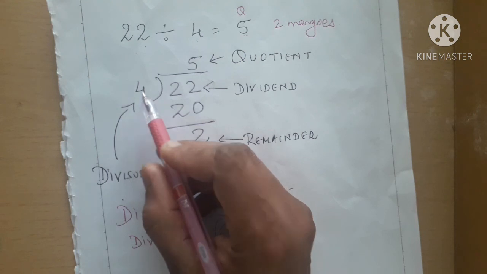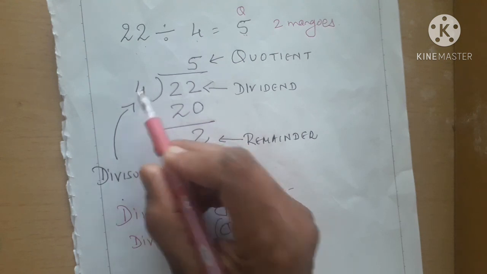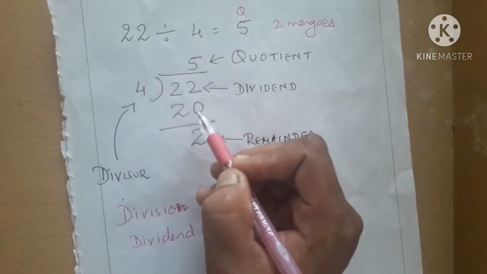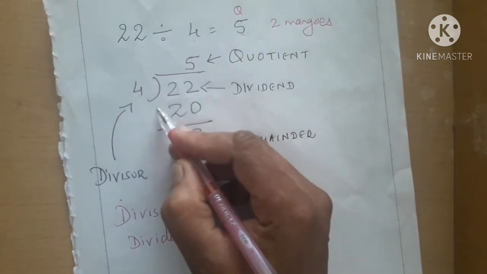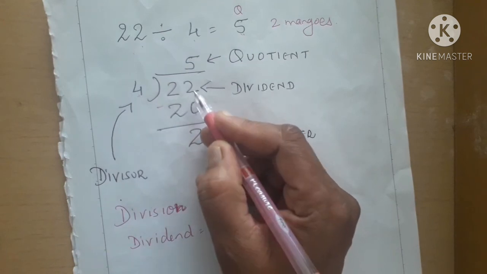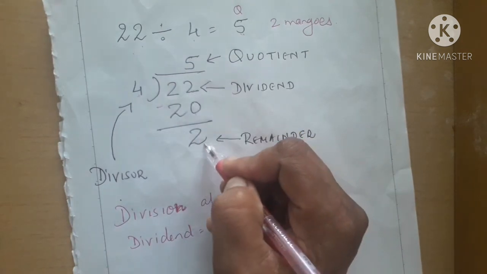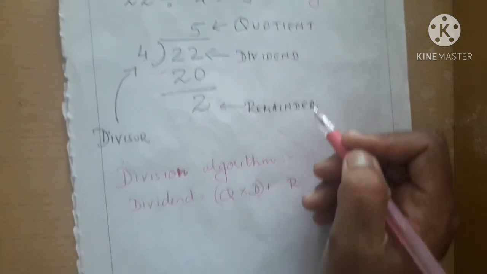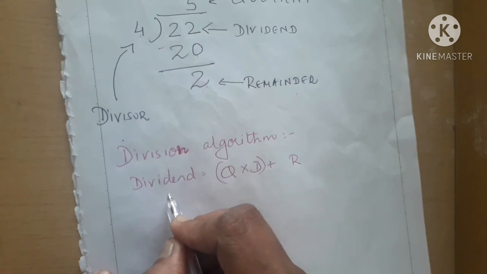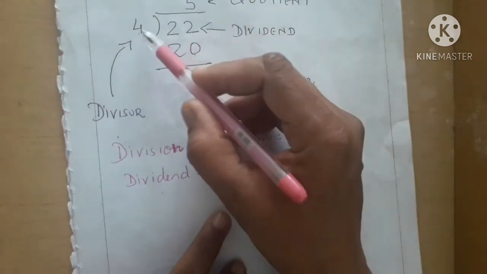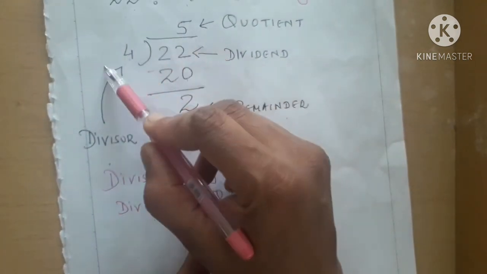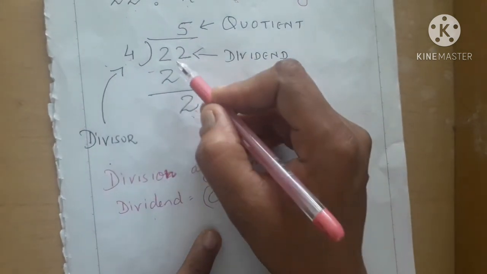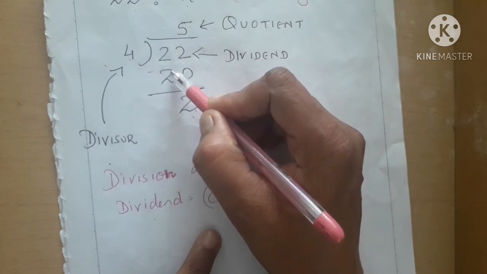Now you have to count how many times 4 will go into 22. That is 4 5s are 20, and when you subtract 20 from 22, you get 2. So this 2 is your remainder. So how to get the dividend? These two numbers, quotient and divisor, you have to multiply and add the remainder to get this dividend. Fine?